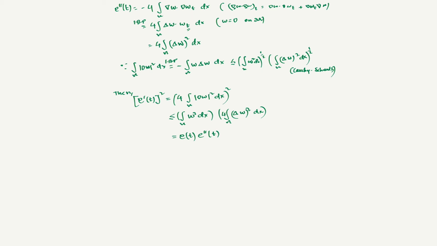So what do we have? Therefore we have that e double prime of t times e of t is greater than or equal to e prime of t squared, for all t between 0 and capital T. Now this inequality, if you look at it properly, says e double prime e minus e prime squared is greater than 0, and that will give you something like the derivative of e prime of t by e of t.